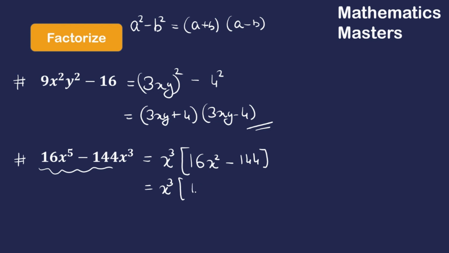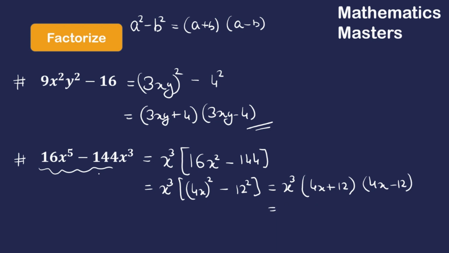Now 16x square I can write as square of 4x, minus 144 I can write as square of 12. Now using the same identity again, we can write our expression as x cube remaining as it is, 4x plus 12 and 4x minus 12.